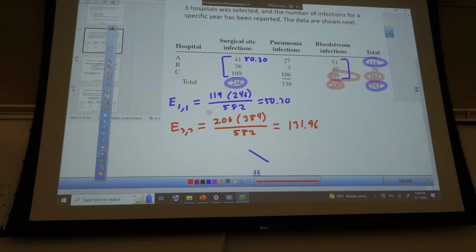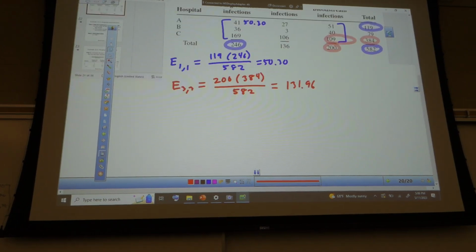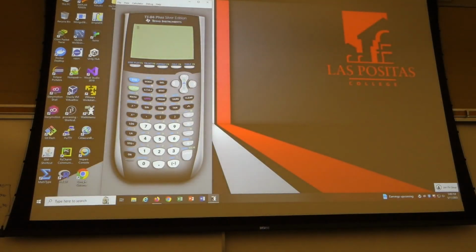And then I'm going to put the stuff in my brackets into my calculator. So I need to put it into a matrix. Everyone go to your calculator. You all see this, the fourth one down on the far left says matrix in blue.